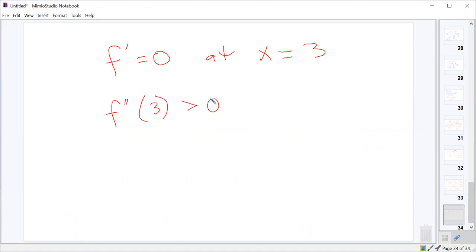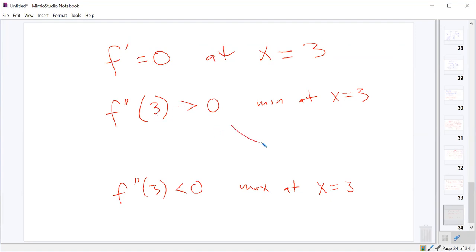If f double prime at 3 is greater than 0, that tells you that there is a min at x equals 3. We'll talk about why in a second. If f double prime of 3 is less than 0, that tells you that there's a max at x equals 3. Hopefully that makes sense without my explanation. If the derivative is 0, we could have a max or a min, and if the second derivative is positive, it tells us that the function is concave up at that point.